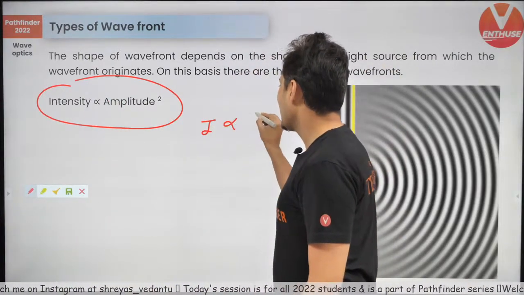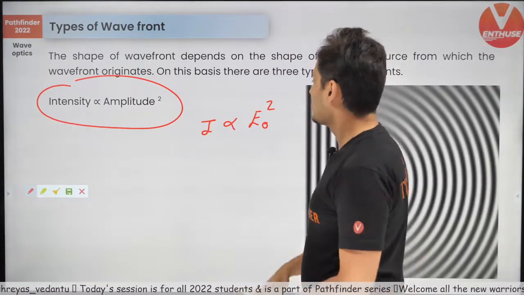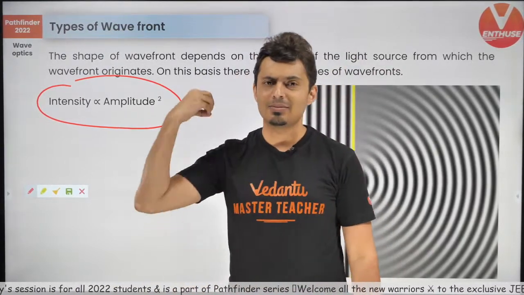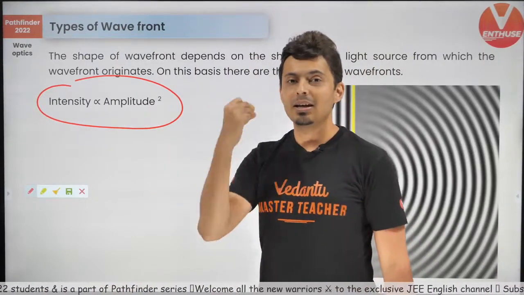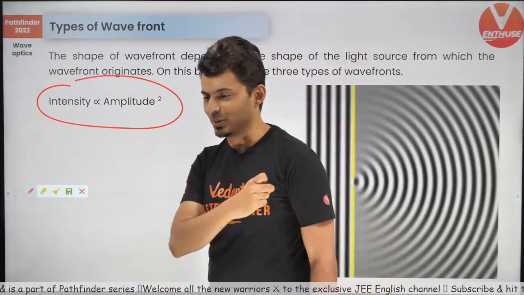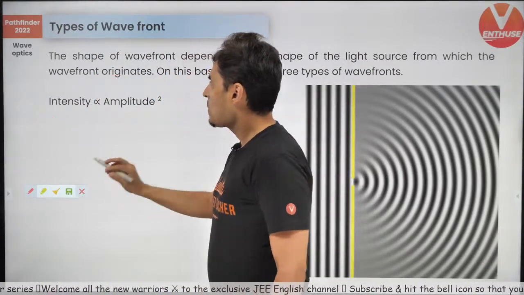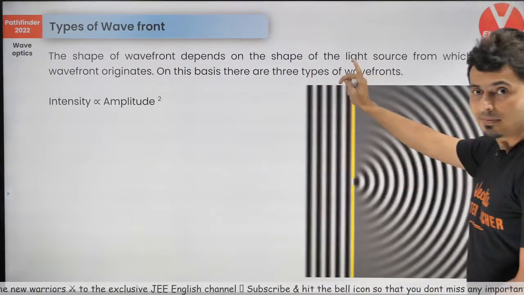Intensity was directly proportional to the square of the electric field amplitude. So this is always true, even in sound waves, transverse waves, and light waves. Any wave intensity is directly proportional to the square of the amplitude. Okay. Now, based on the type of sources, we have three types of wavefronts which you need to know for JEE.